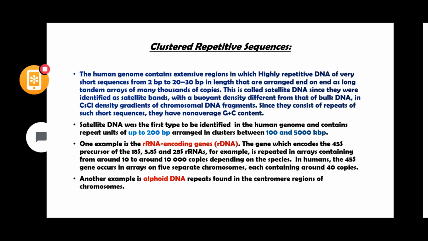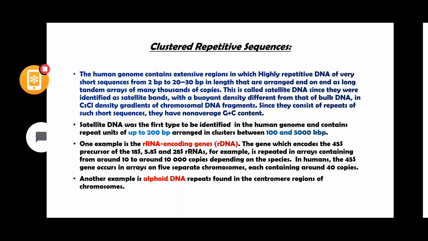Since this consists of repeats of such short sequences, the renaturation usually depends upon the GC content, and the renaturation rate also depends upon the GC content and how long the sequences are repeated.